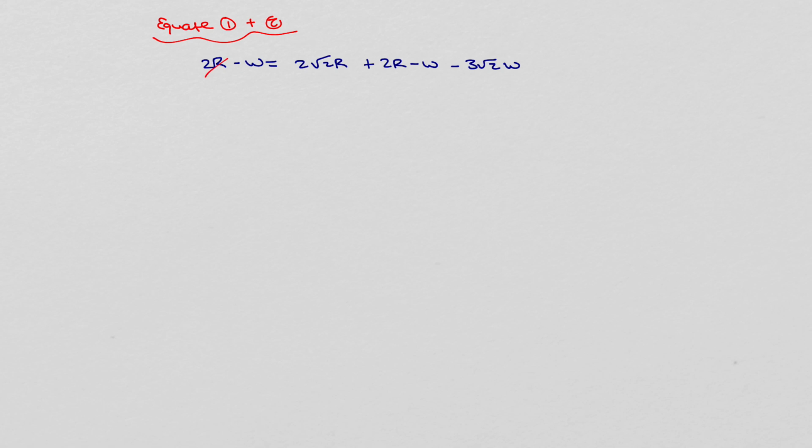So we have 2R on the left and 2R on the right, minus W on the left, minus W on the right, so that's going to be 0. So that leaves me with 2 root 2 R is equal to 3 root 2 W. And therefore if I get R on its own, root 2 goes into root 2 once, which leaves me with 3W over 2. So now I know what R is.